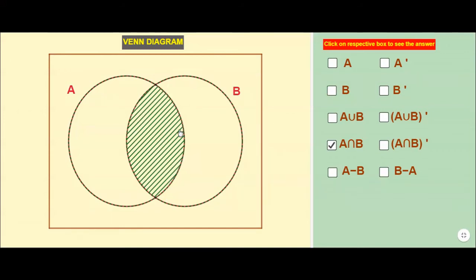So this shaded portion out here represents all the elements which are common to set A and B. So it represents intersection of set A and B.